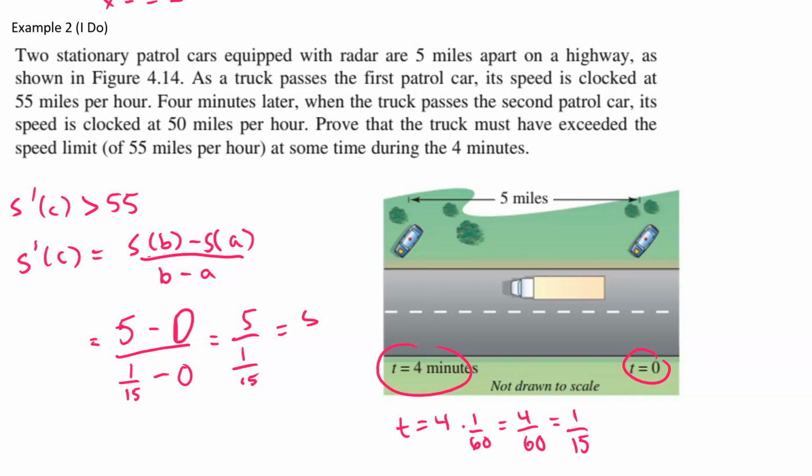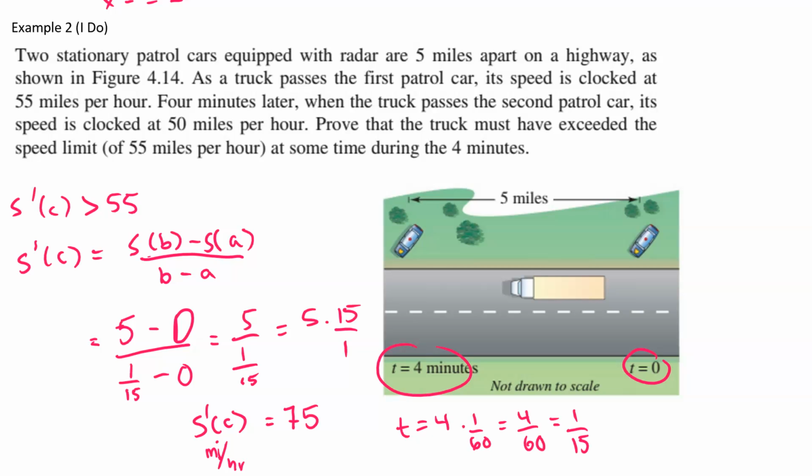Multiplied by the reciprocal, you've got 5 times 15 over 1, which is going to give you a guarantee that you have the derivative, or the instantaneous rate of change, in miles per hour, of 5 times 15, which is 75, somewhere on that interval.